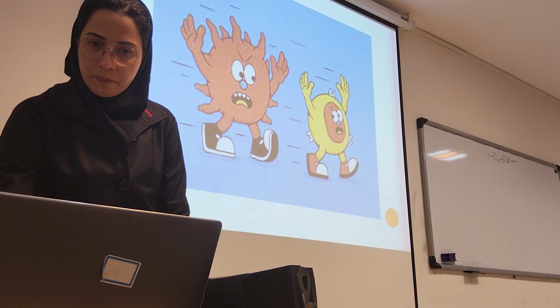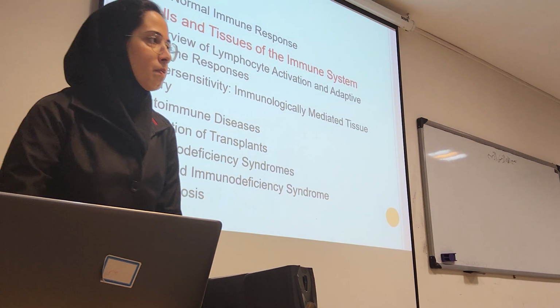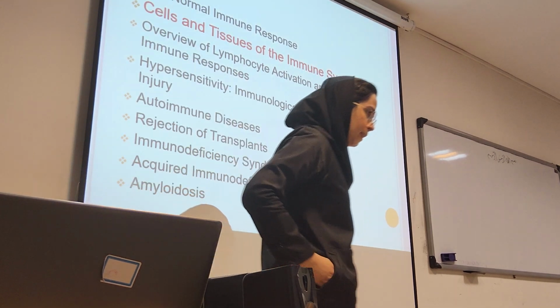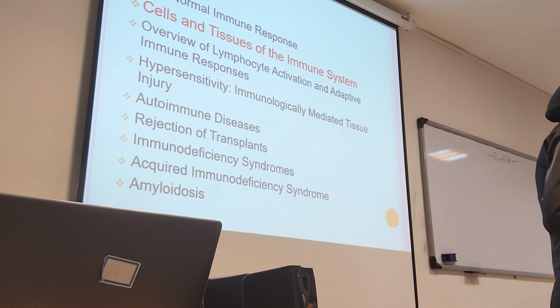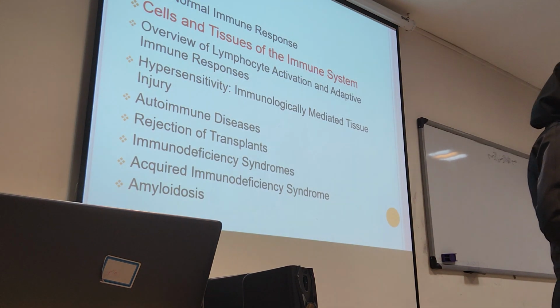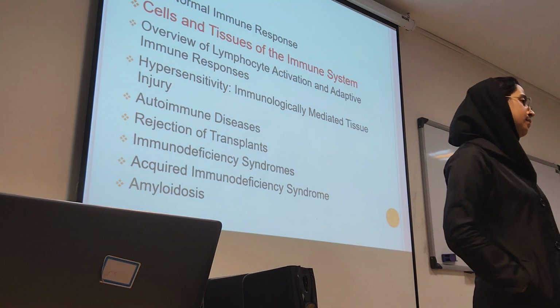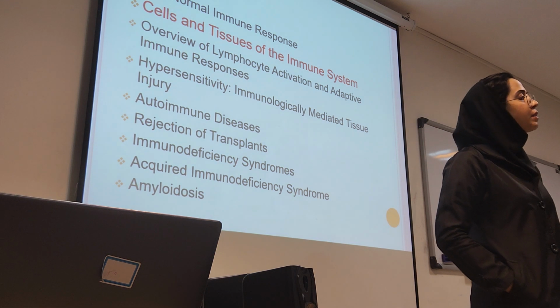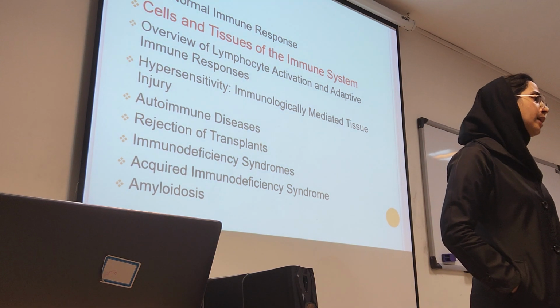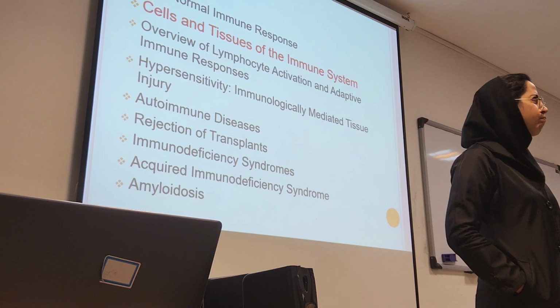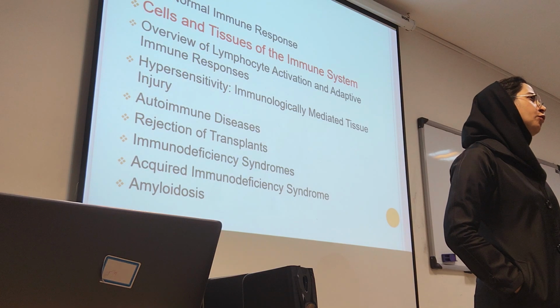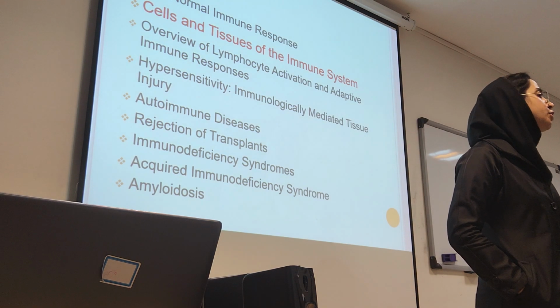Okay. So the T helper cell is active with phagocytes. Yes, I will talk about that. By producing cytokines, it helps. Most of the time it helps others, for example phagocytes, eosinophils, for example production of IgE.